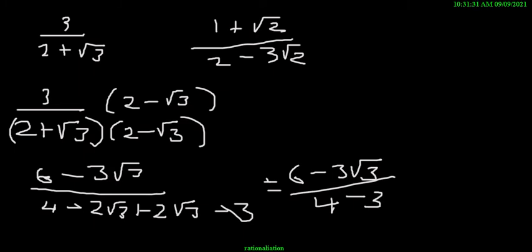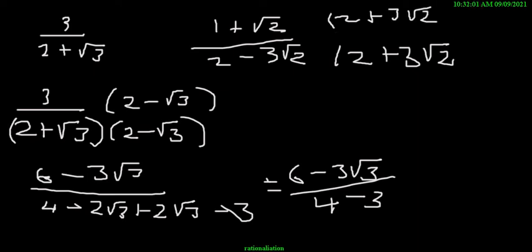Okay, let's try this one. This one, again, we multiply by the conjugate, where the conjugate is 2 plus 3 root of 2. We're going to get rid of this part. Root of 2 over 2 plus 3 root of 2. Then we multiply.